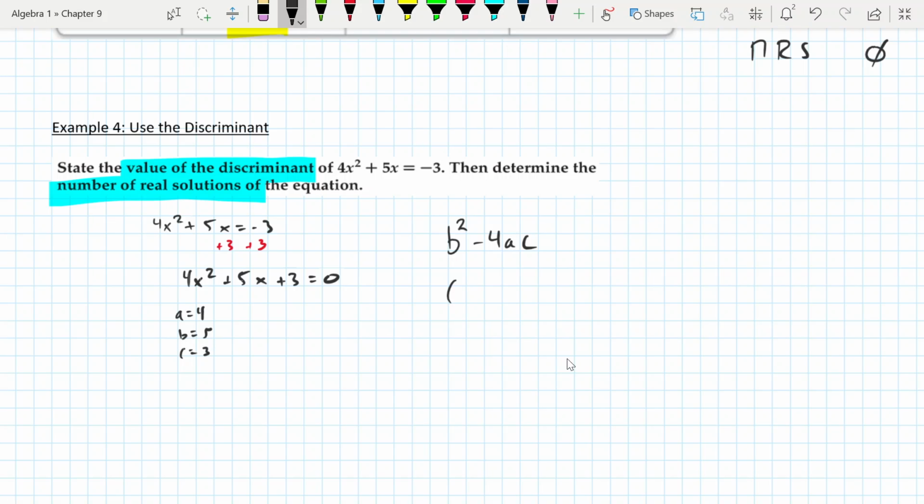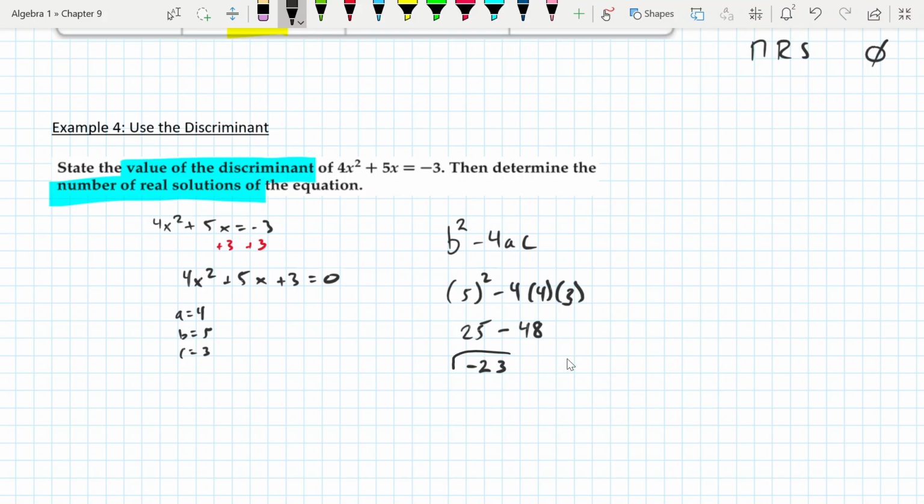Let's plug it in. 5 squared minus 4 times 4 times 3. That's 25 minus 16 times 3, which is 48. 25 minus 48, I get negative 23.